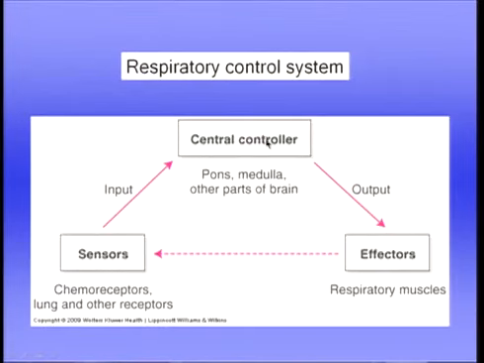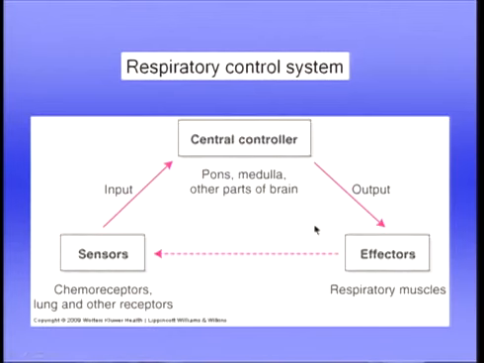The chemoreceptors will recognize the increase in PCO2 in the blood and send the information to the central controller, and the central controller will increase the ventilation by increasing the output to the respiratory muscles. The result of the increase in ventilation is to reduce the arterial PCO2, and in that way the system is returned to its normal situation. So that's an example of negative feedback.